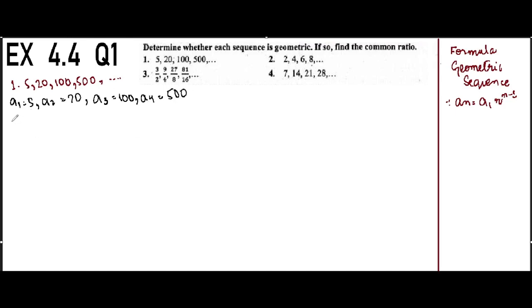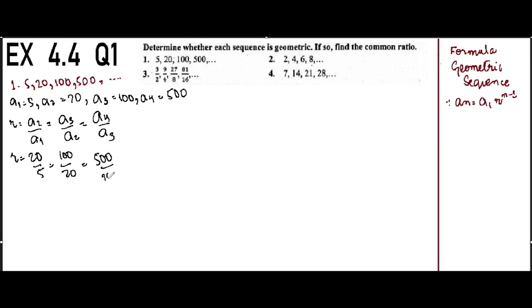Now we have to make sure that r is equal, which is a2 by a1, is also equal to a3 by a2, is also equal to a4 by a3. When all of these are equal, that means that it is the common ratio and it is a geometric sequence. So r is equal to a2 by a1, which is 20 by 5, is equal to 100 by 20, is equal to 500 by 100.